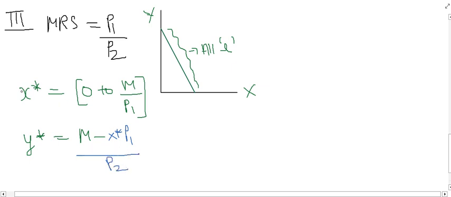Okay, so whenever we write it in a manner where X star is for one good, we are writing the exact range, and for the second good we are writing the residual income after consuming good one divided by the price of that particular good. So that was all about our substitutes utility function. Just remember this case by the name infinite combinations.